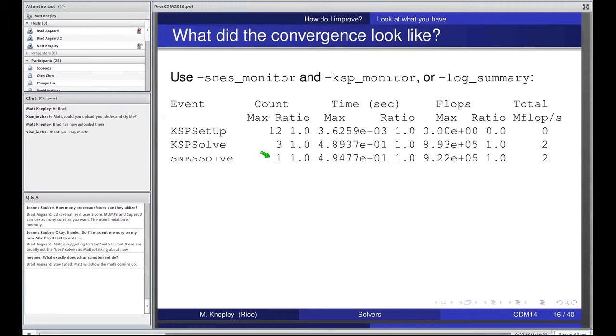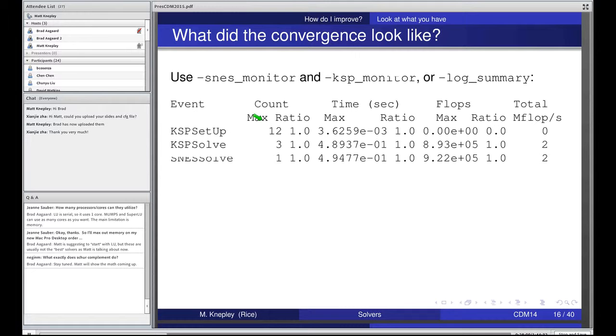So we do one Newton solve, 3 Newton steps, each one involves a linear solve, and we do 12 preconditioner constructions, because we count all of the preconditioner constructions on different processors. So this looks like something run on 4 processors, because it did 12 setups for 3 solves.